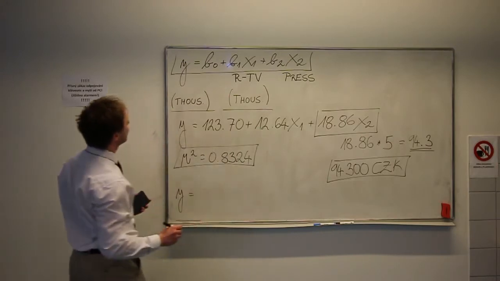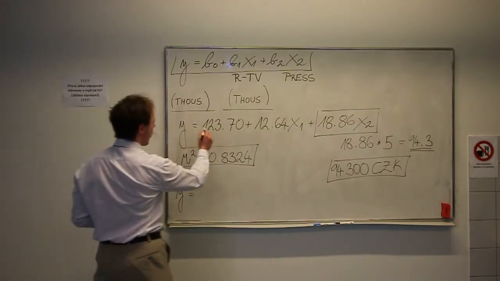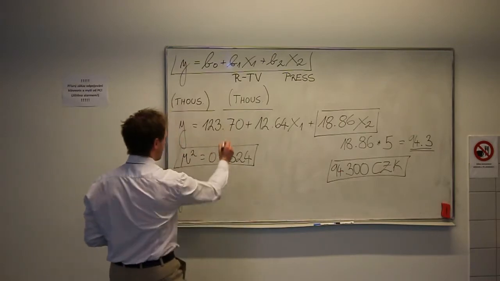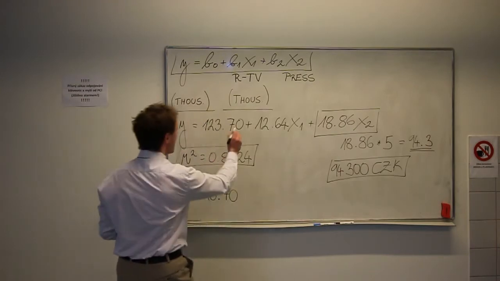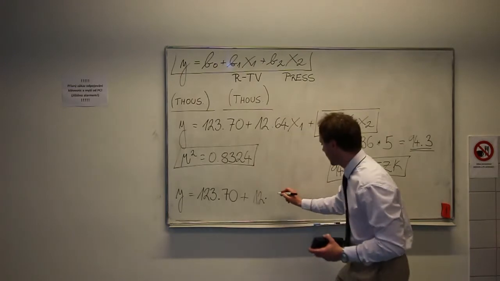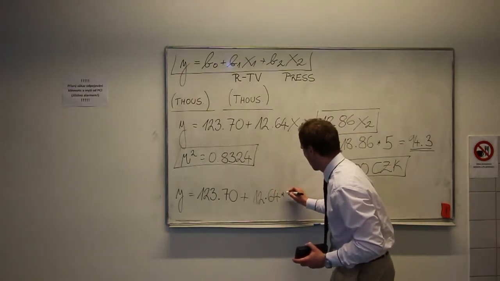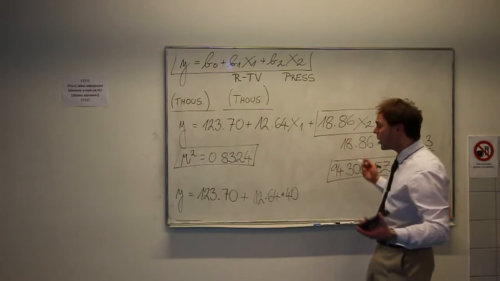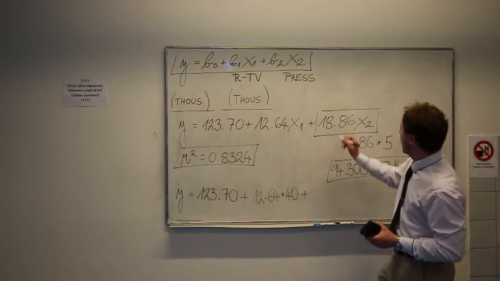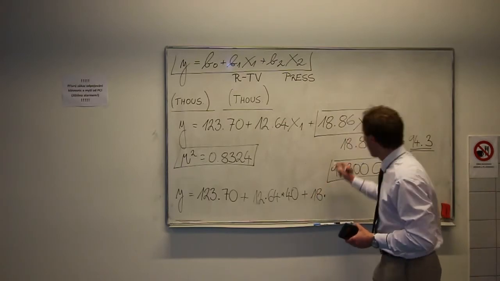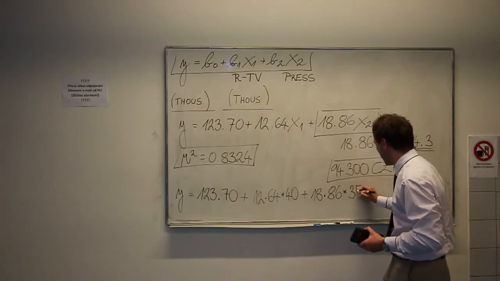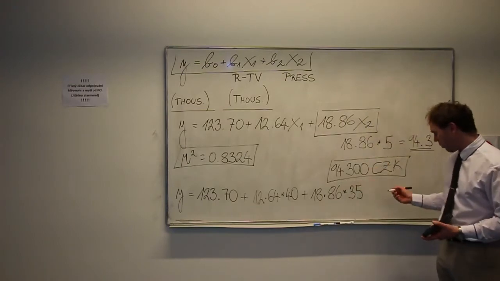Y is equal to B0, 123.70, plus 12.64 times 40, plus 18.86 times 35. The units are already in thousands.